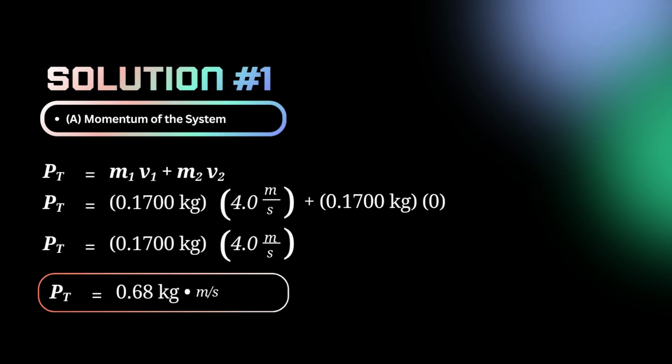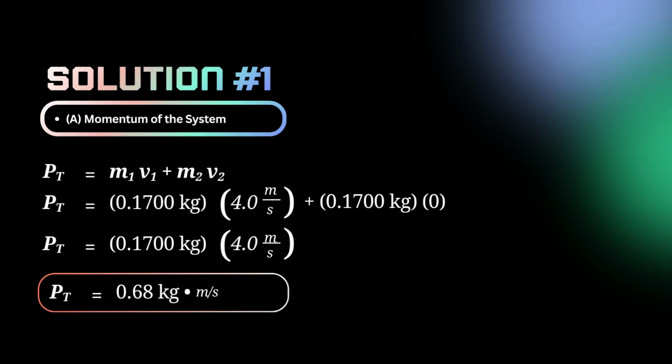Given that the mass of each ball is 0.1700 kilogram and the initial speed of the cue ball is 4 meters per second, the equation becomes P sub t is equal to 0.1700 kilogram times 4 meters per second plus 0.1700 kilogram times 0. Since the three ball is at rest, its initial momentum is equal to 0.